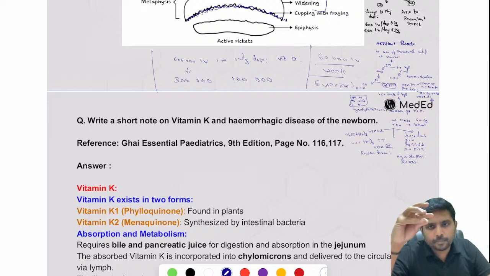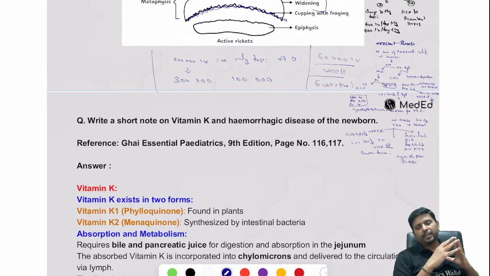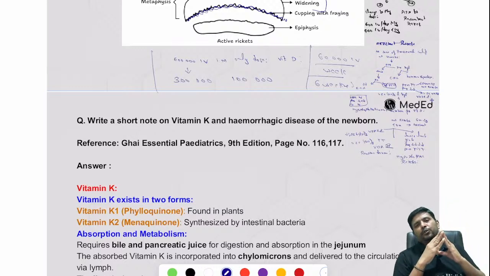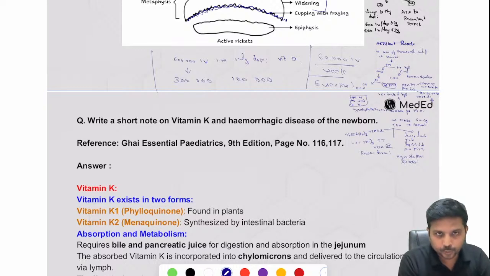But breast milk contains only 40 international units per liter. That's why all breastfed infants should be supplemented with 400 international units of vitamin D. 1 ml contains 400 international units.